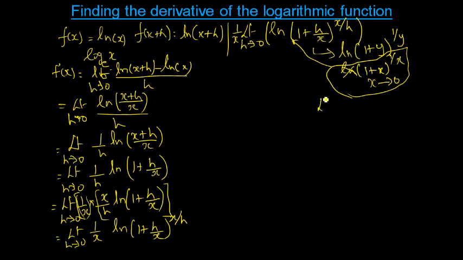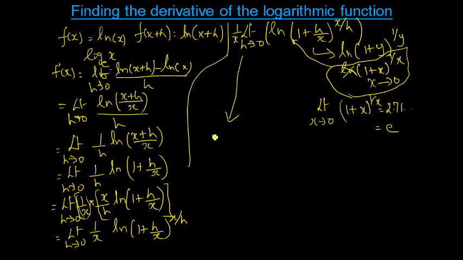So what we just saw in the graph was that the limit as x approaches 0 of this function is 2.71 something, which is actually equal to e. Therefore, this becomes 1 over x limit h tending to 0 of ln of this function, and I'm rewriting it for your convenience.